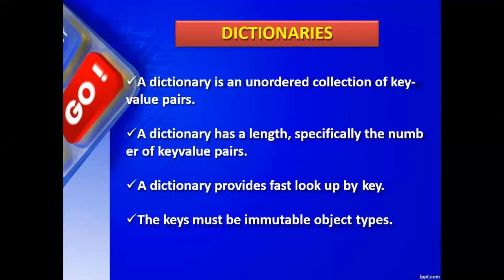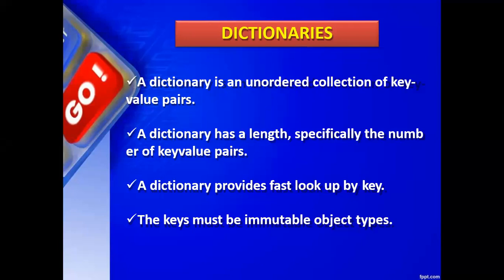A dictionary has length, just like strings, lists and tuples. Even a dictionary has length, specifically the number of key value pairs, not the key and value individually. So it will not count every key and every value. It will count the key value pair as one. So how many key value pairs are there? That will be the length of the dictionary.